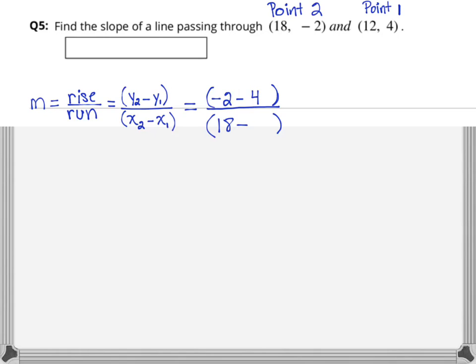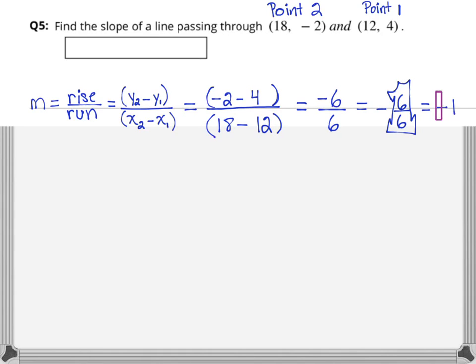So I'm going to write 12 right here. And now I simplify. -2 minus 4 is -6 over 18 minus 12 is 6. So again, I get -6 over 6. 6 over 6 is a giant 1. So I get my slope equaling -1.